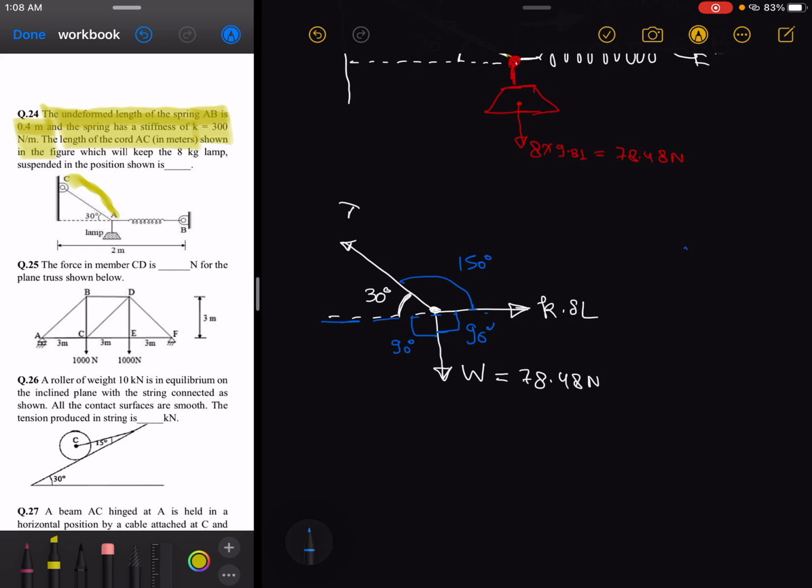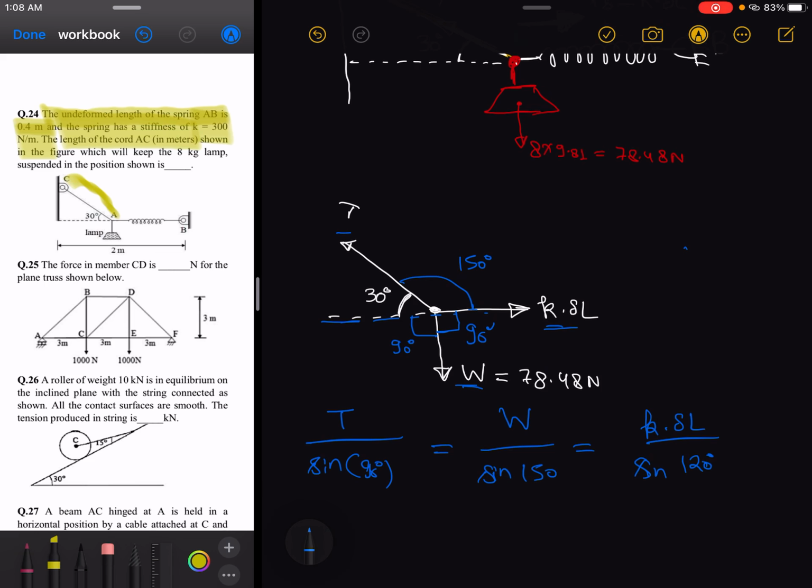Clear? So if you apply Lami's theorem in this case, you will get T upon the sine of the angle between W and K delta L, that is 90°, is equal to W upon the sine of the angle between the tension and the spring force K delta L, that is 150 degrees, and it will be equal to K delta L, the spring force, divided by the sine of the angle between W and T, and it is nothing but 120 degrees.